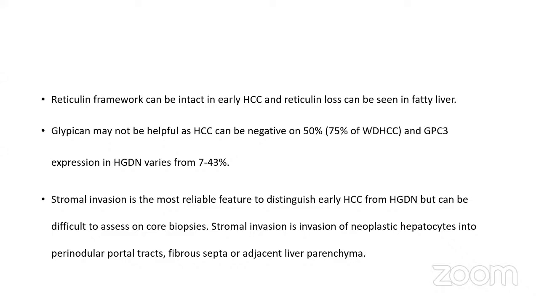Glypican may not be very useful because 75 to 80% of well-differentiated HCCs would be glypican negative, and sometimes the high-grade dysplastic nodules would also have glypican 3 positivity. Stromal invasion is something you look for, where you see the neoplastic hepatocytes invading into the perinodular portal tracts, fibrous septa, or the adjacent liver parenchyma.